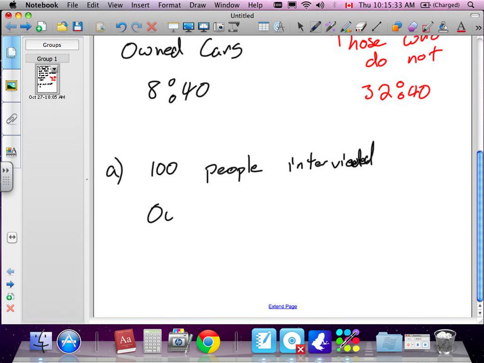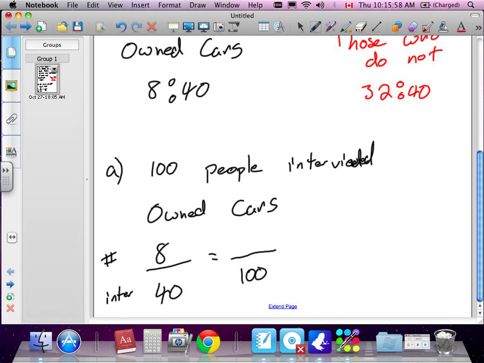So we're going to set this up like a fraction. People who own cars were 8, and there were 40 people interviewed, okay? So we're going to have number owned and interviewed. We're going to make this an equivalent fraction. We don't know how many people are going to own cars, but we know we're interviewing 100 people.